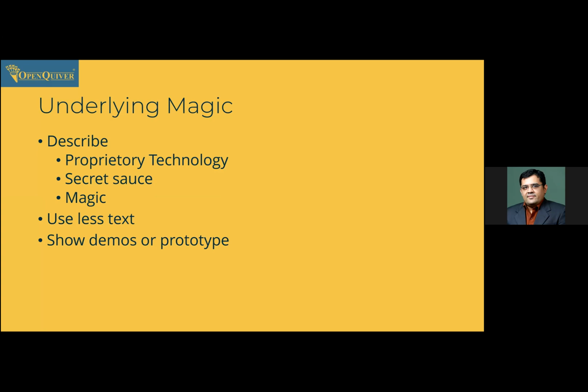And here, one of the key things to remember is, especially when it comes to tech products, science oriented products, or people with a scientific background, they tend to use a lot of text and a lot of technical words to describe the solution that they're offering. None of that is needed. What would be more appropriate is to show pictorially how your problem gets solved, or how your product works. Even better, show demos or a prototype to a live audience, if that is possible.